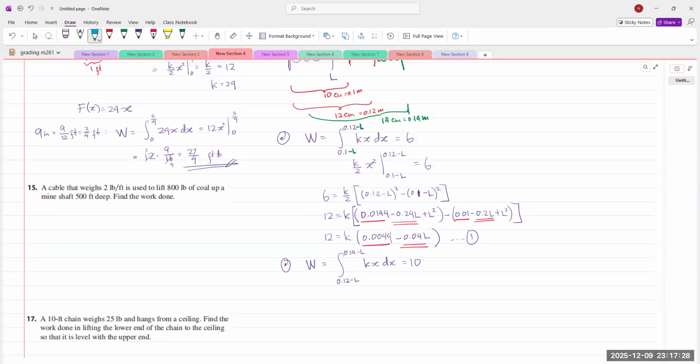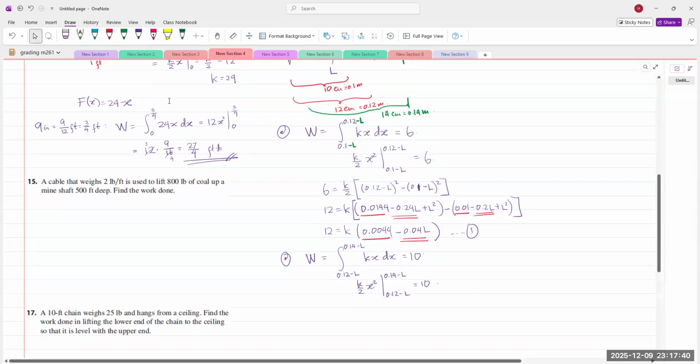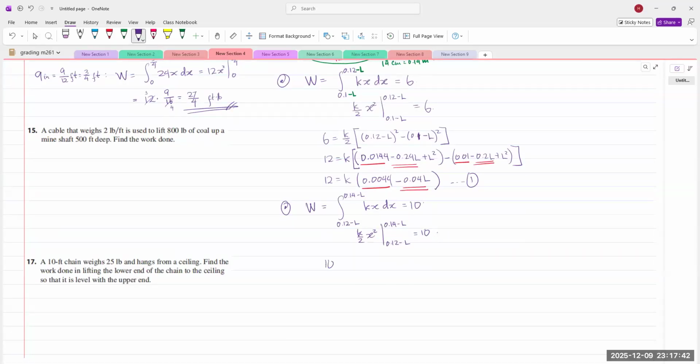So, just like before, this is k over 2 x squared from 0.12 minus L to 0.14 minus L equals 10. If I write the 10 on the left hand side, 10 equals k over 2 times (0.14 minus L) squared minus (0.12 minus L) squared.